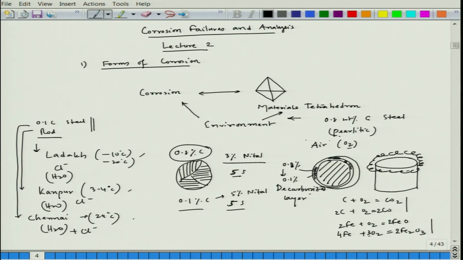Okay. Now, here I have almost negligible chloride content, but at the same time it is dry. In Kanpur there will be the presence of chloride as well as moisture, but not that moist. In the winter, Kanpur becomes very dry, a little dry I would say, a little moist I would say.